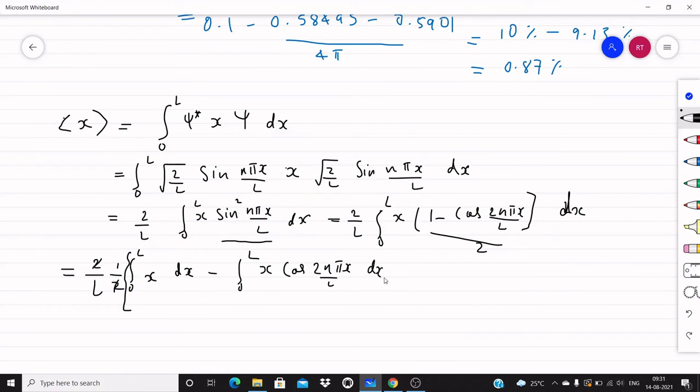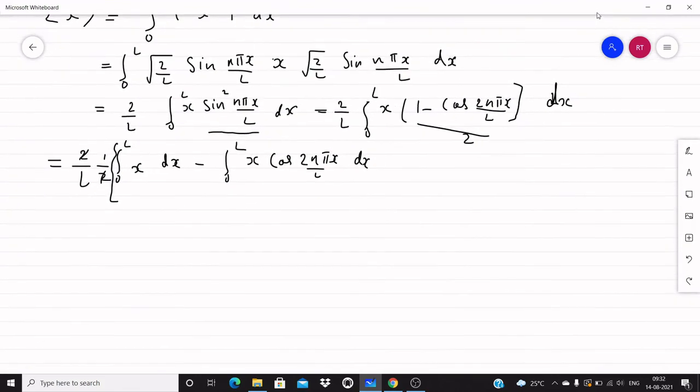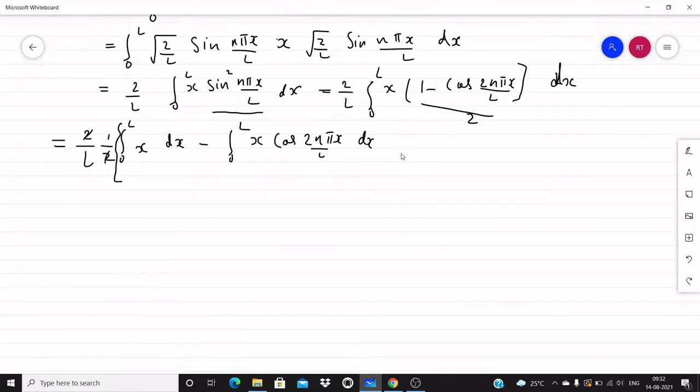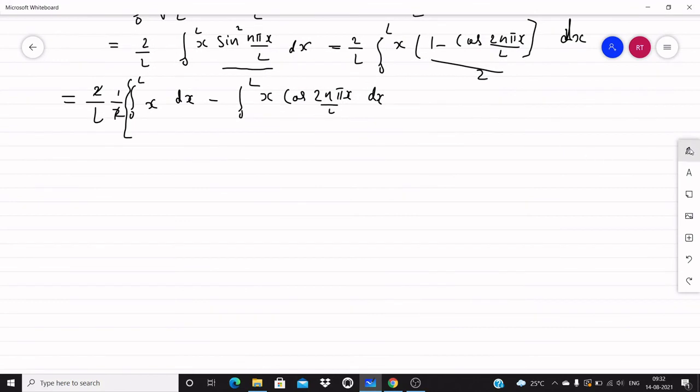dx. Now first term, if you integrate the first term, as we have done previously, it will be 1 by L is the constant. Let me take it outside.